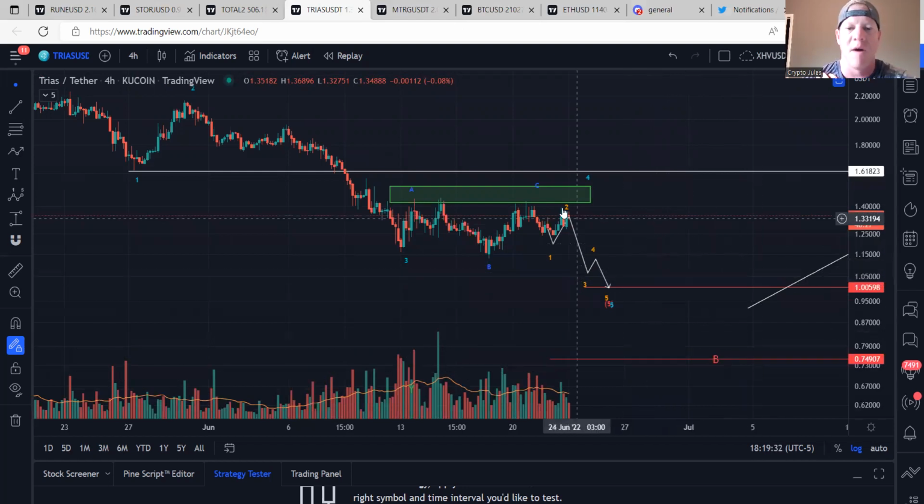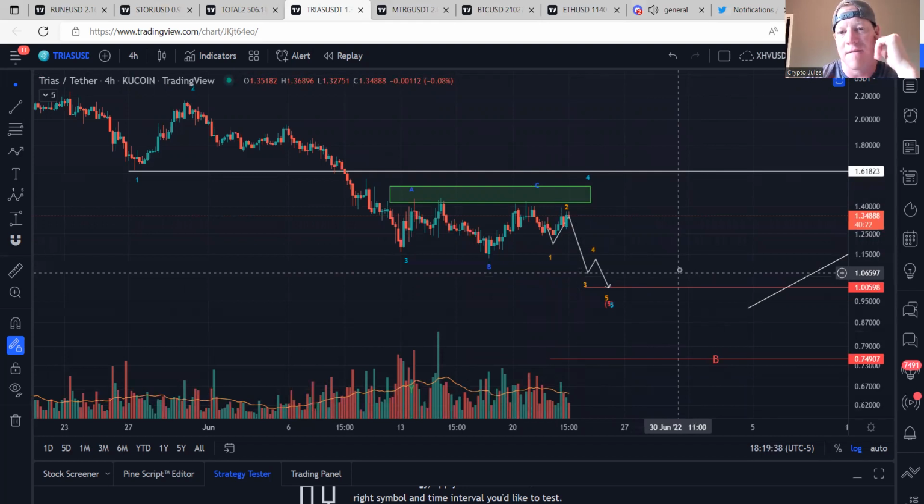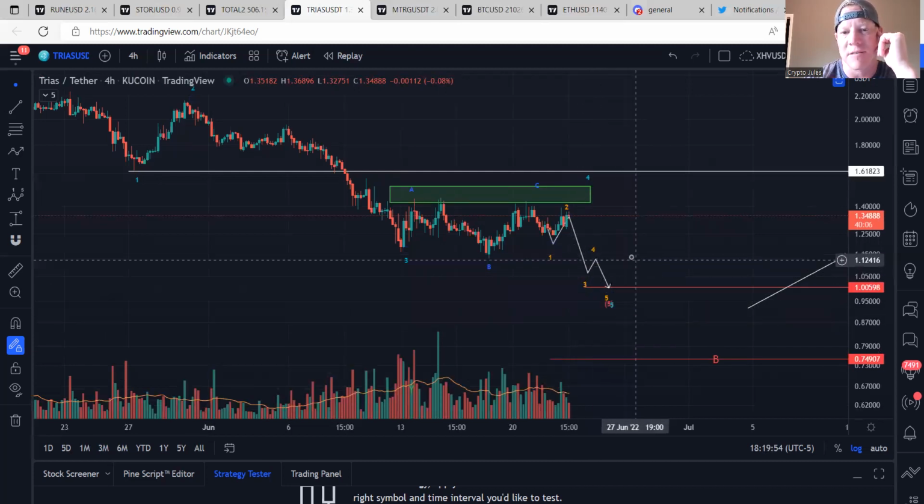The way Trias has been holding up in comparison to Bitcoin's nasty dump lately, I don't think 75 cents is very likely, but at this point, I do think that the lower dollar, a buck to $1.05, something like that, is certainly possible.